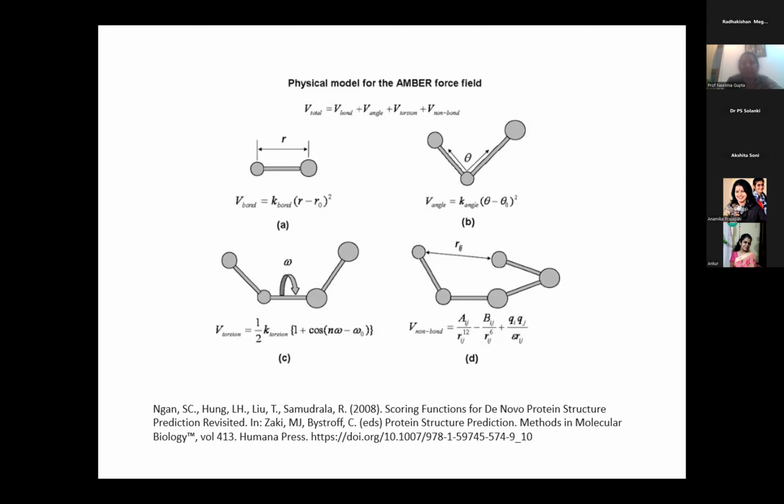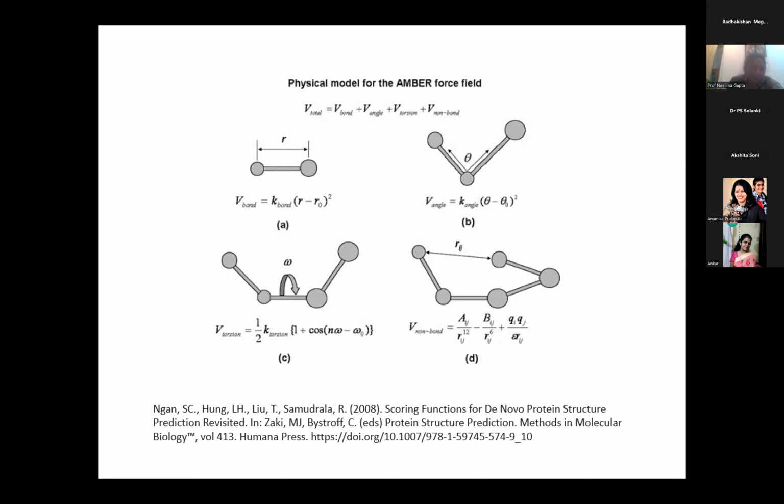Then there can be bending, meaning the change in the bond angle. And the moment you keep on increasing the number of atoms, the different types of motions, the vibrations, increase. When you have 4 atoms in a chain, you can see here in figure C, there can be a change in the torsion angle also, and so on.